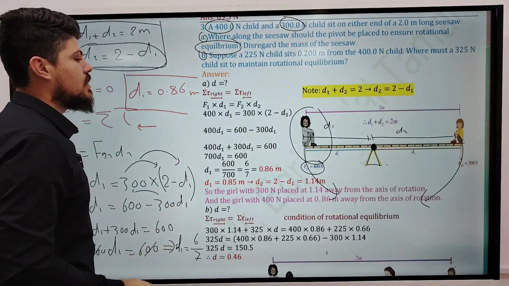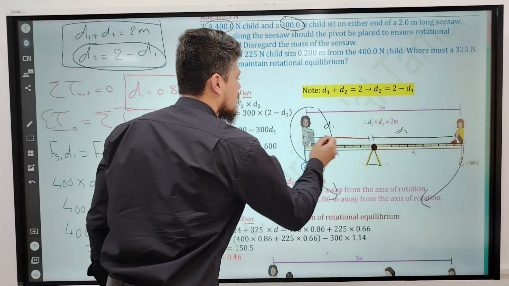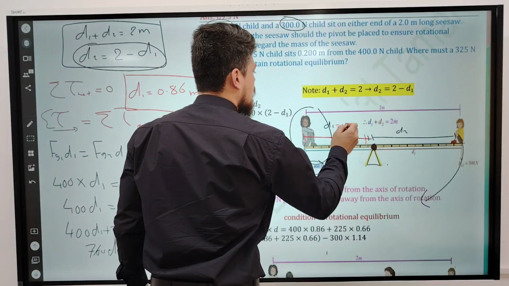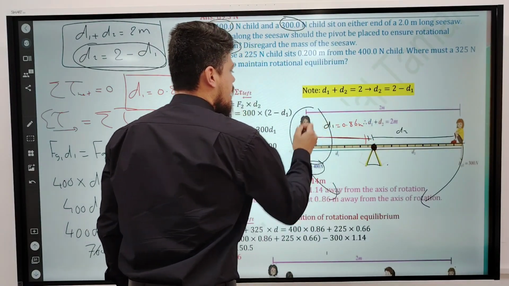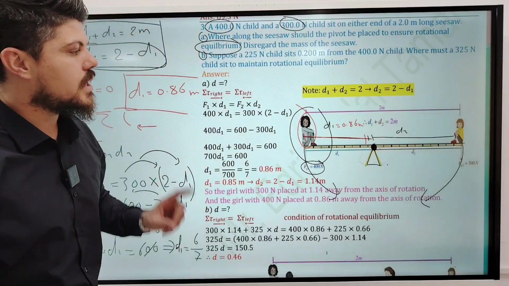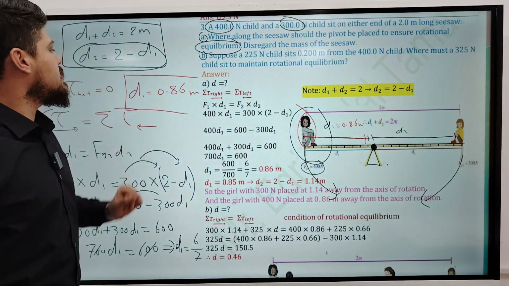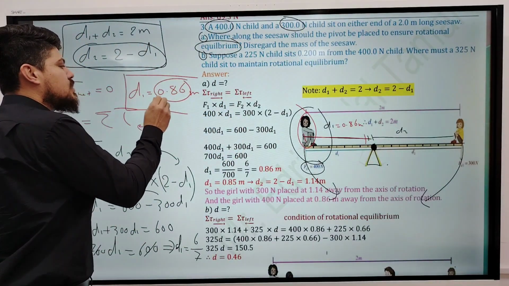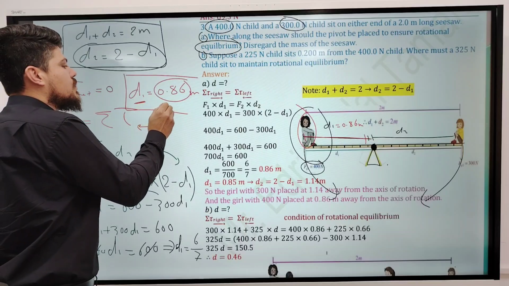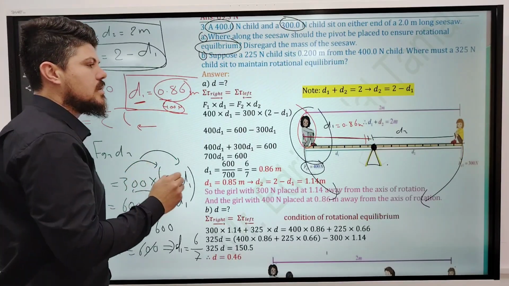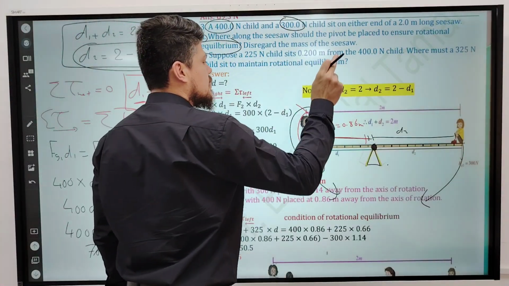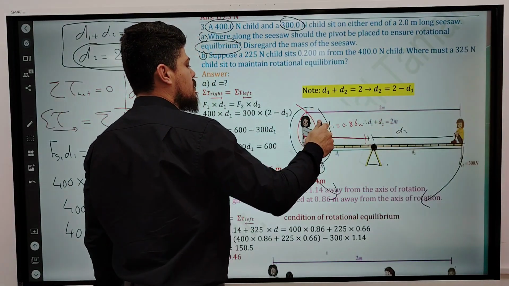0.86 meter. 0.86 meter from what? From the child with the heavier weight. Be careful. This distance is the distance from the axis of rotation to the child with 400 Newton. So what about the distance of the child with the 300 Newton to the axis of rotation?